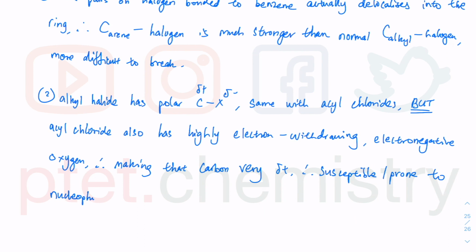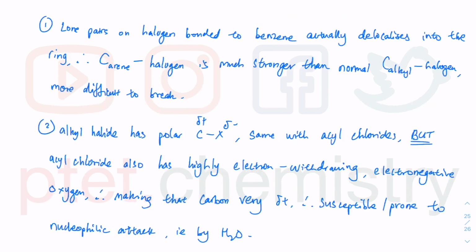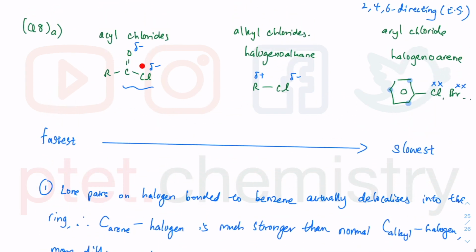Nucleophilic attack meaning like water, and therefore it is very easily hydrolyzed. Okay, so the whole idea is very easily hydrolyzed because of two highly electron withdrawing groups, this one being a more electronegative element than chlorine, therefore making this carbon very delta plus, very susceptible. Nucleophile wants to attack electron deficient, electron poor carbon, just like that.